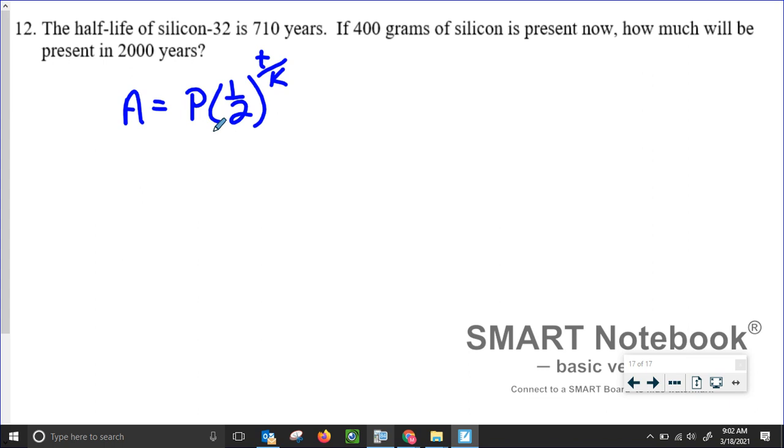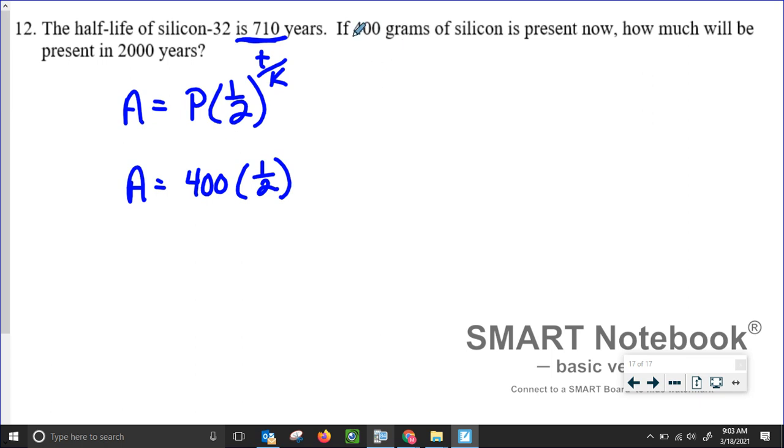This is our starting amount, just like always. t is time in years, just like always. The only thing that's different is this k, the half-life. We want to know how much is present at the end, so we're solving for A. P, my initial amount, how much is present now, is 400 grams times 1/2.